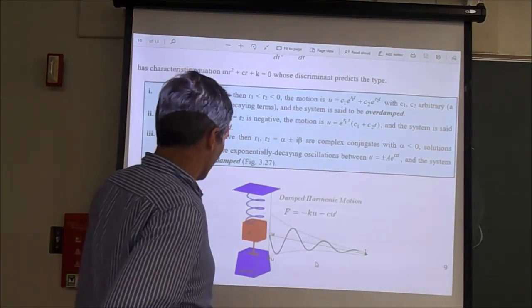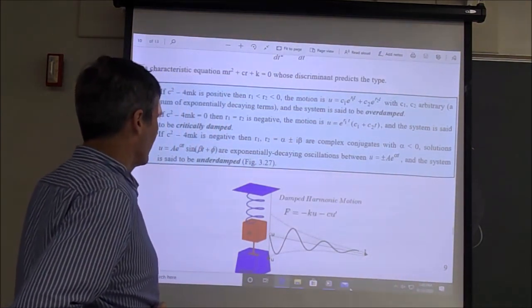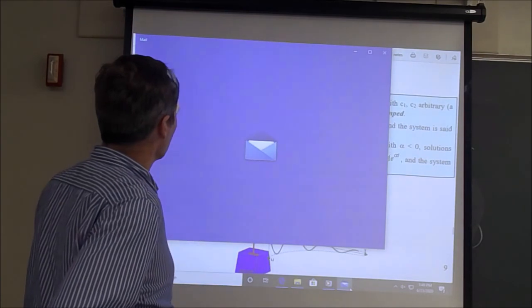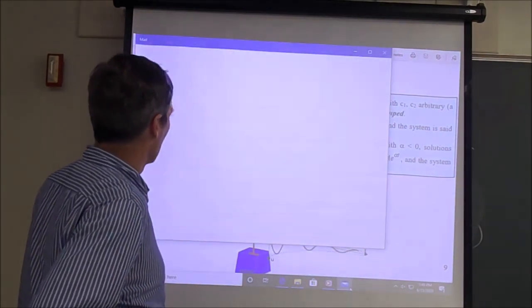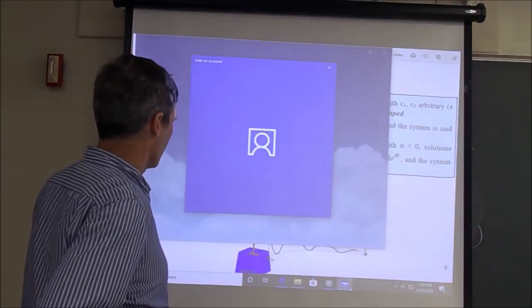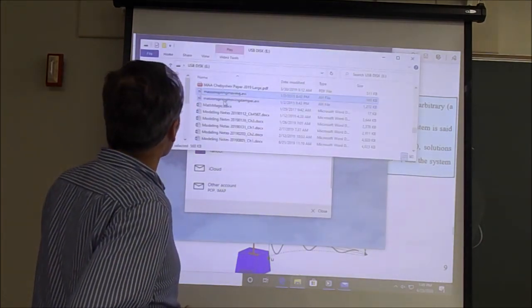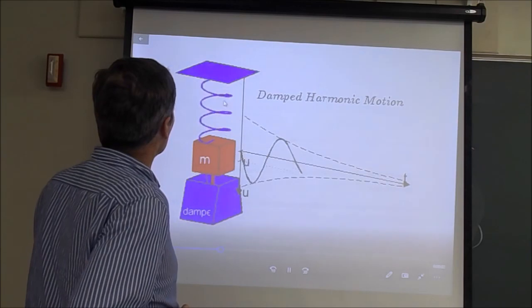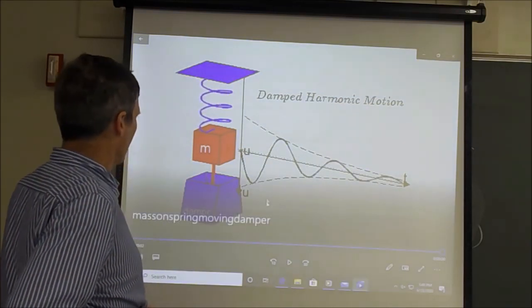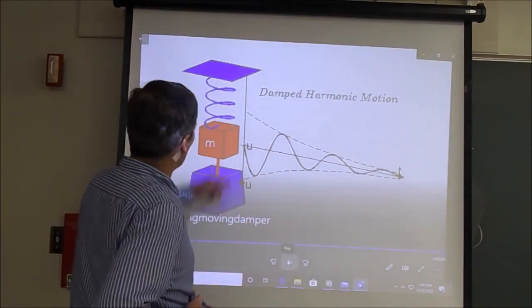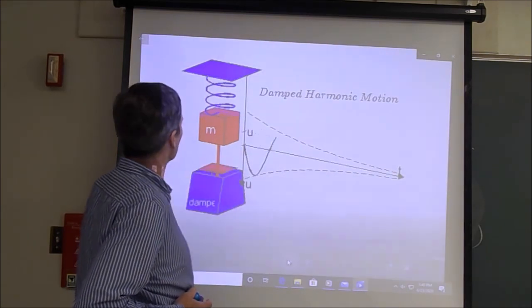Here's what we have, and I can show you the picture for this one now. Oops, that's the wrong one. Let's try this again. Here's a damped mass on a spring. So you oscillate between these two decaying exponential functions.